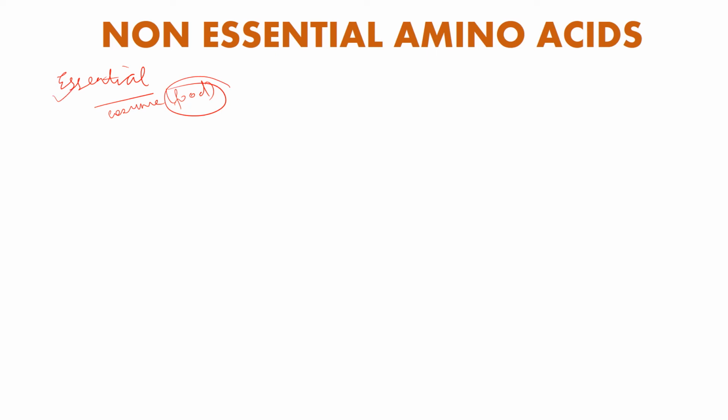The non-essential amino acids are the amino acids that are made in our body. Our body is able to make them itself, so we don't need to take them in the diet. It is totally okay if we don't take them in the diet, but if essential amino acids are not taken in the diet, then we can get diseases. So this is the basic difference between essential and non-essential amino acids.